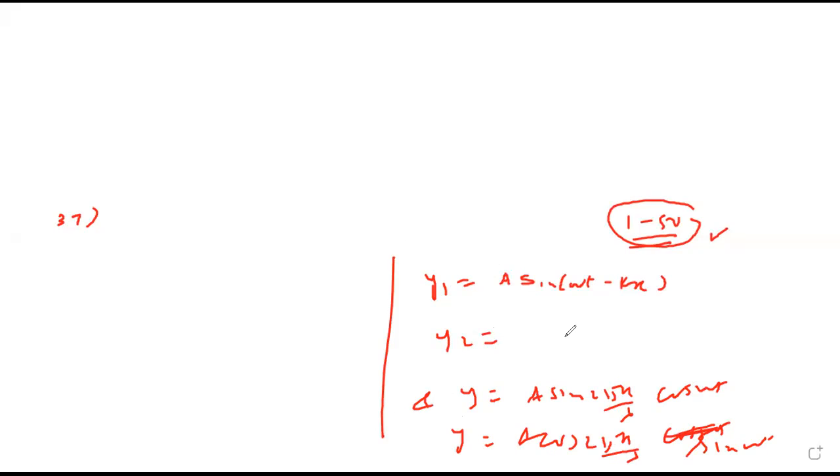Are you remembering this? If we are getting sine in the x term, then this will be minus A sine of omega t plus kx. And if it is with cosine, then everything same, it will become plus A sine omega t plus kx. Okay.